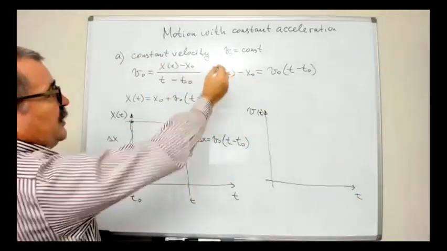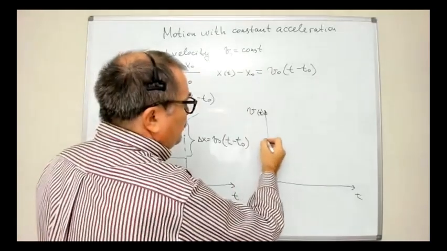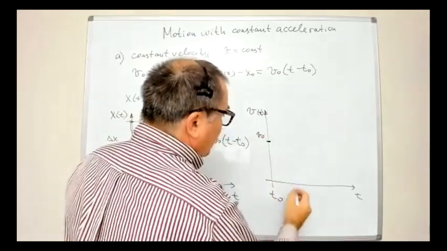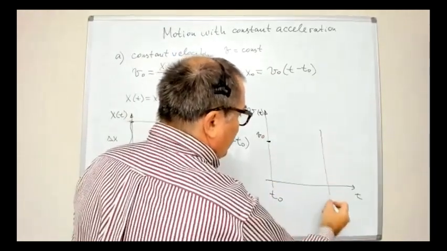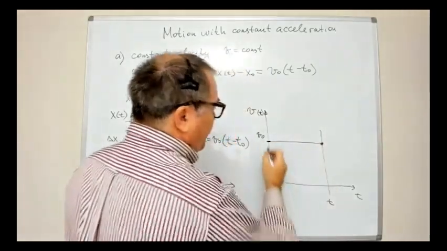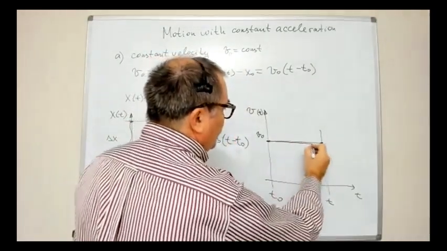Well, in our case the velocity is constant, so this is v0, and that's t0 here, and then time t here. So velocity is constant. That's the plot of this dependence.